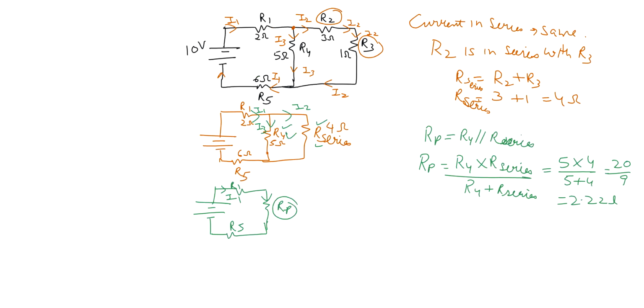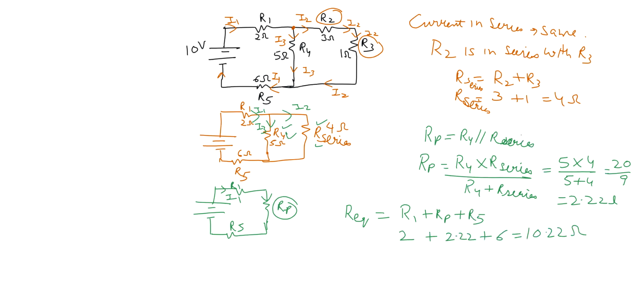So my R equivalent for this circuit will be R1 plus RP plus R5. R1 was 2 ohm, RP is 2.2 ohm, plus R5 is 6 ohm. You do the math, and that gives me 10.22 ohms. So the equivalent resistance for this circuit is 10.22.